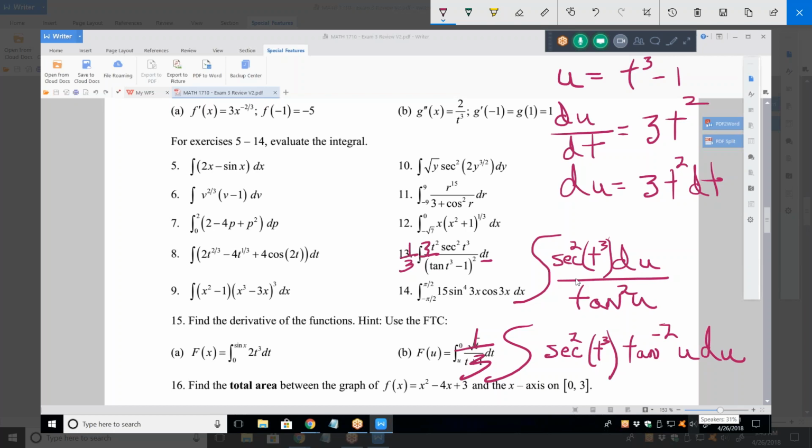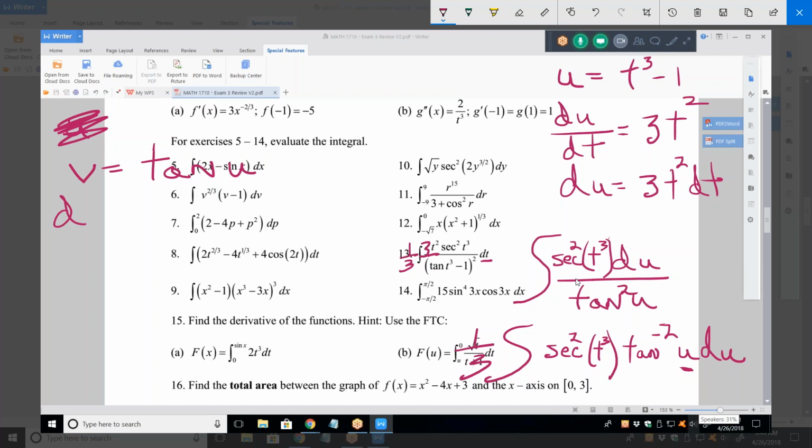Yes. If I now look at my inside, the inside is now tangent of u. Let's go over here and make up a new u. Let's call it v. So v equals tangent of u, correct? Yeah. So this is going to end up looking like v to the -2.